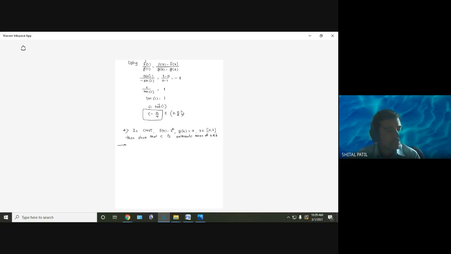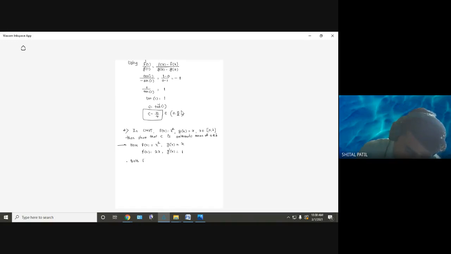So, right here, f of x equal to x square, g of x equal to x. f dash of x is 2x, g dash of x is 1.